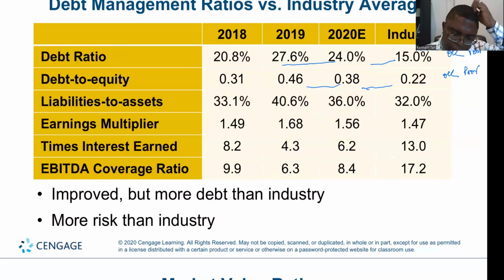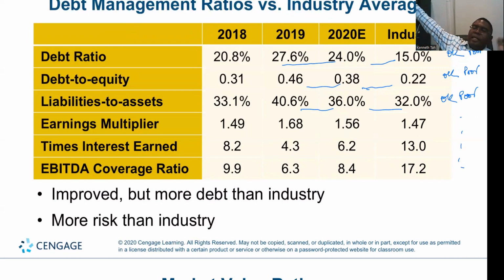As far as liabilities is concerned, we find that liabilities to finance assets is going down. So this is okay. This is very high. The company is using liability to finance asset more and more. So this is poor. So this is how we walk down ourselves.